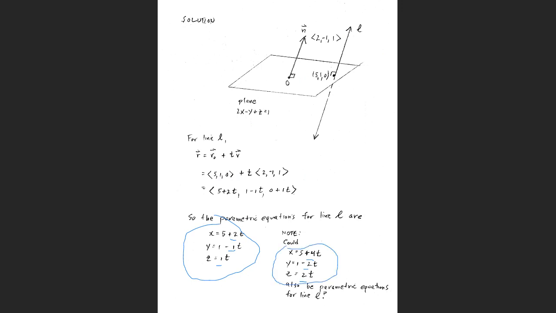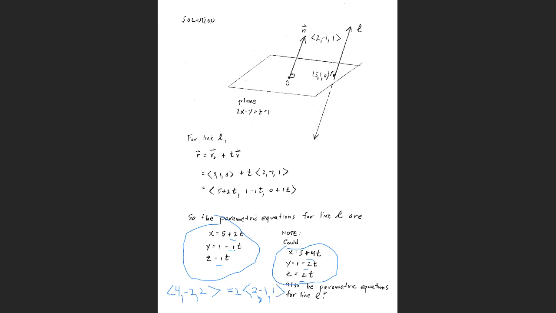In other words, 4, negative 2, 2 is just equal to 2 times 2, negative 1, 1.